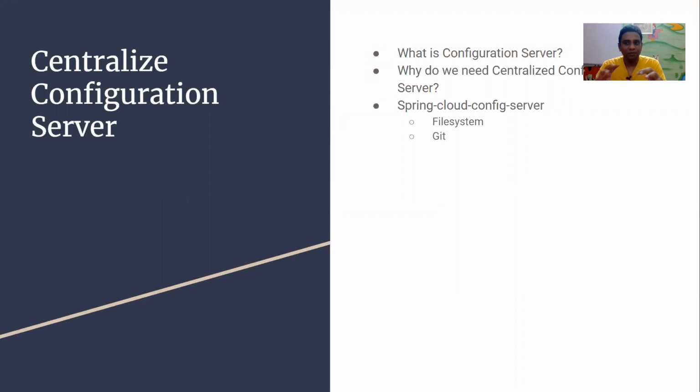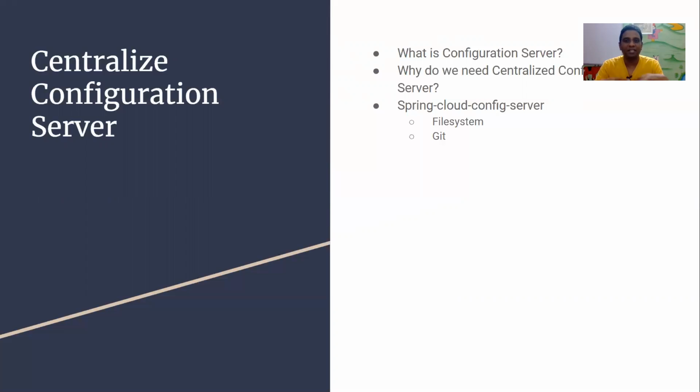So here we are going to see Spring Cloud Config Server. Ideally, the configurations are stored in a repository. I mean, it can be Git, it can be a database. When you make a change to a particular configuration, the microservice is automatically going to sync and apply those configurations.